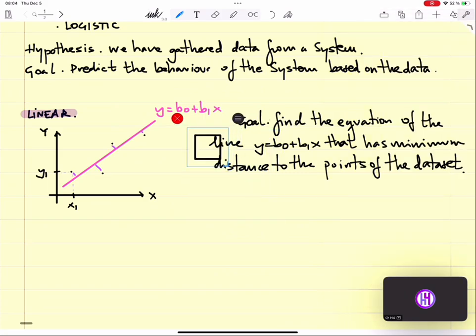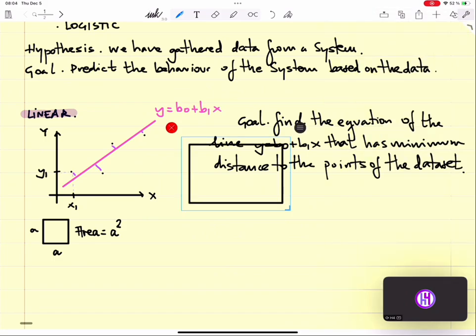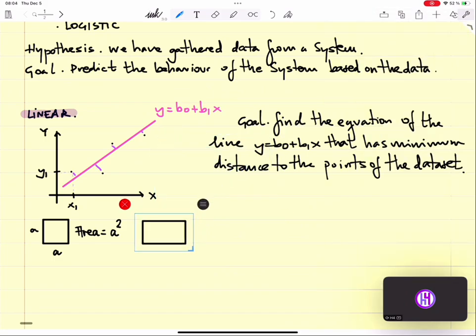In order to perform this algorithm, all we have to know is that the area of a square is a square, and that the area of a parallelogram with sides A and B equals A times B. This, I understand you know, and that is no problem for you.